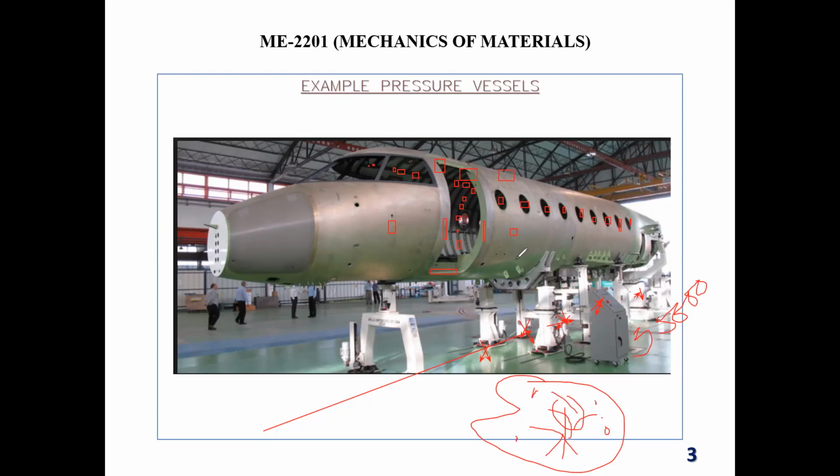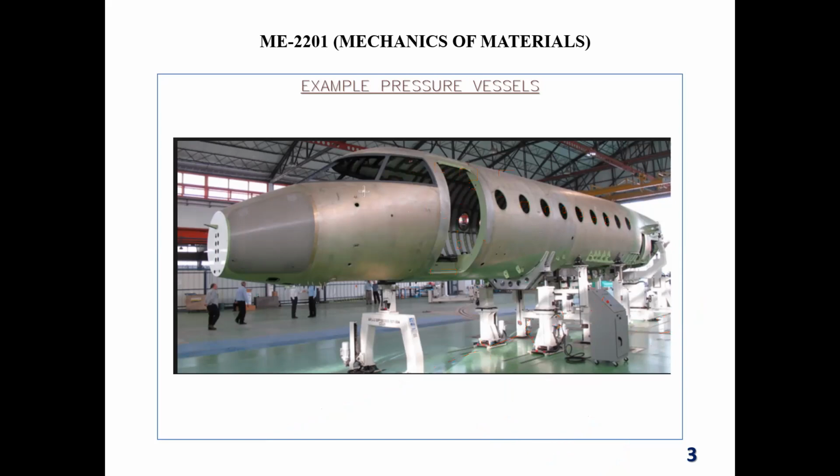And a lot of time, if you see some newspaper, you might see that some airline plane is crashed or they land emergency landing. They have emergency landing because of some skin, or they call it panel, has come out from the aircraft. Okay.